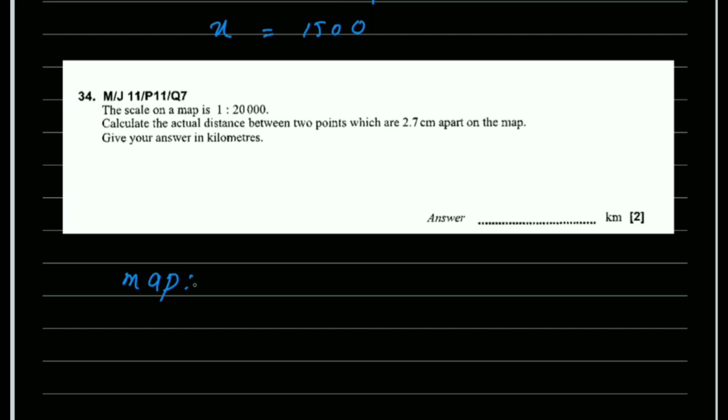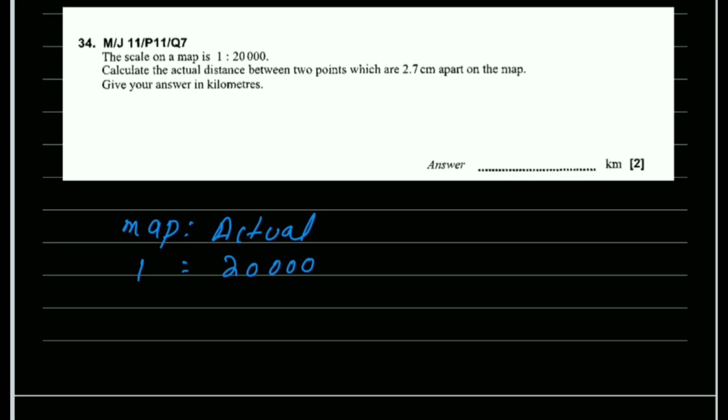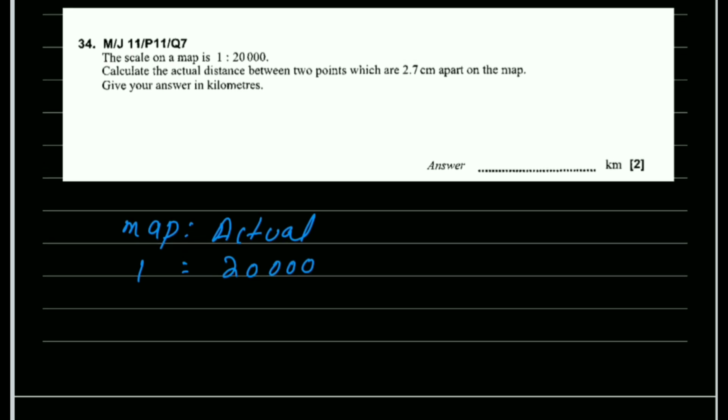Map, actual, you will write it like that. In map, ratio is 1:20,000, and we calculate the actual distance between 2 points which are 2.7 centimeter apart on the map. So we are going to find the actual distance, and 2.7 is on map. So simple cross multiplication. 2.7 will be multiplied with 20,000.